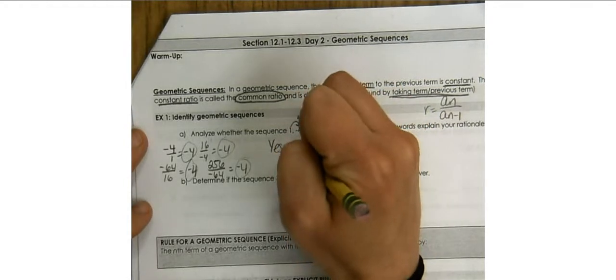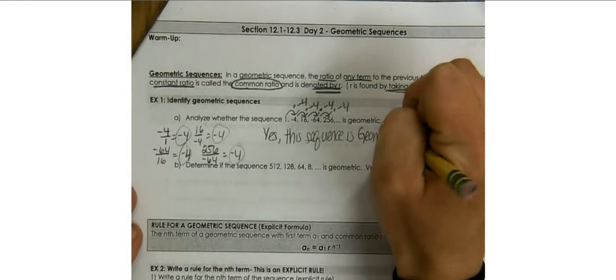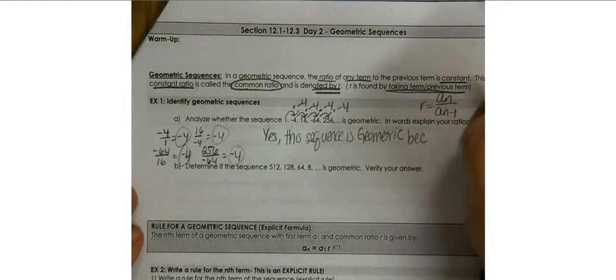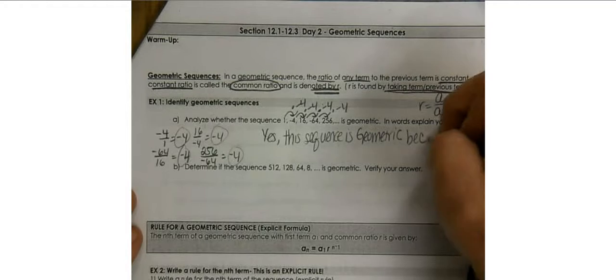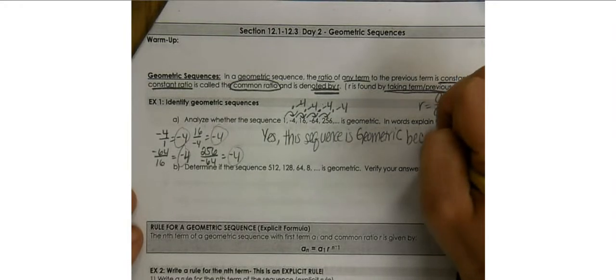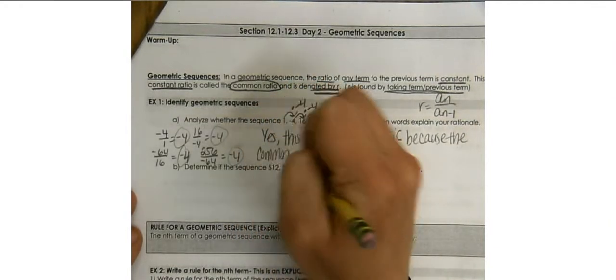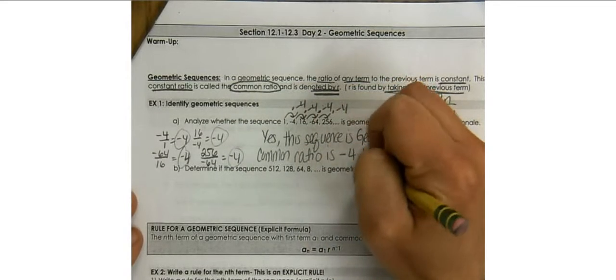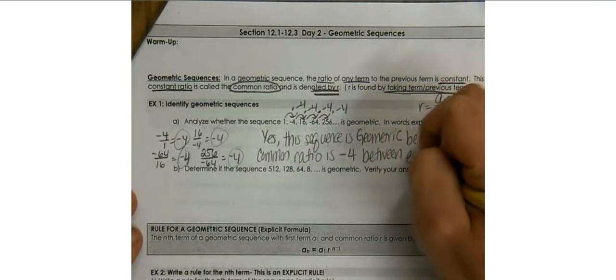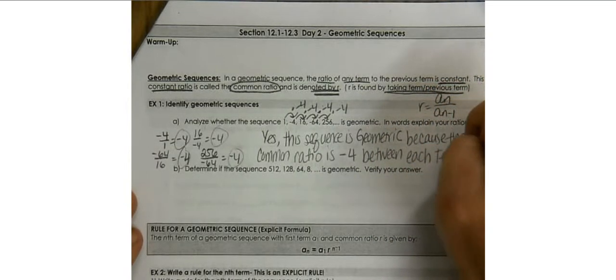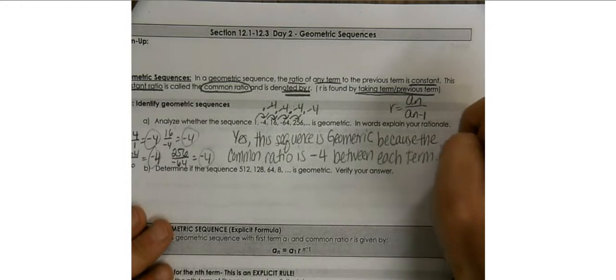This sequence is geometric, and that is because the common ratio is -4 between each term. In this problem, r was equal to -4.